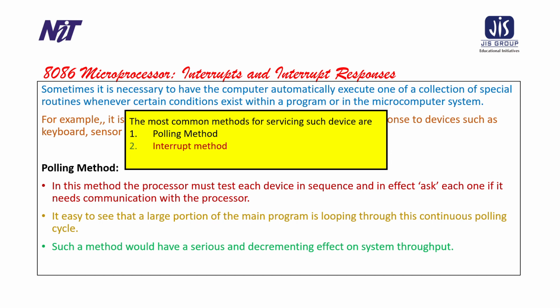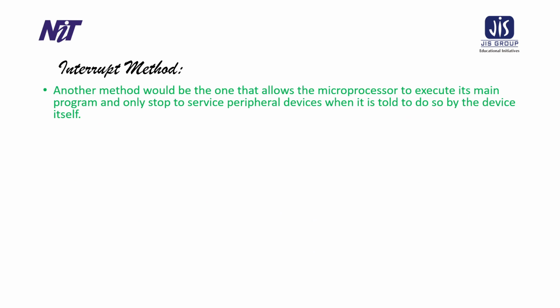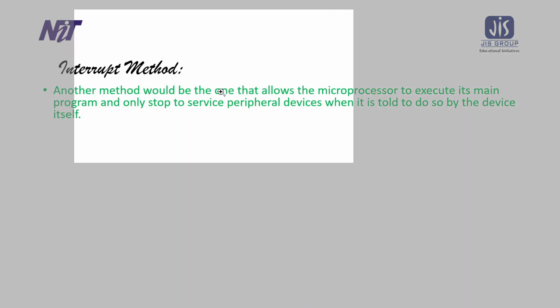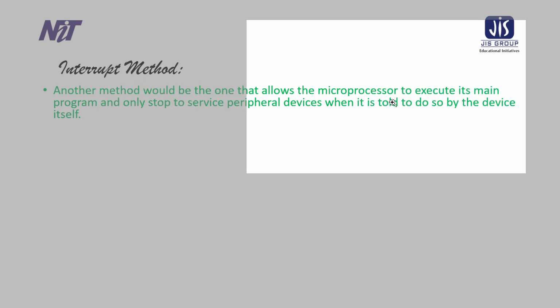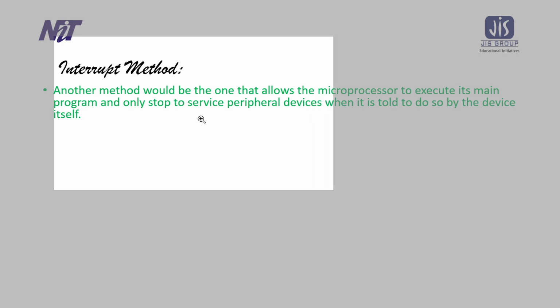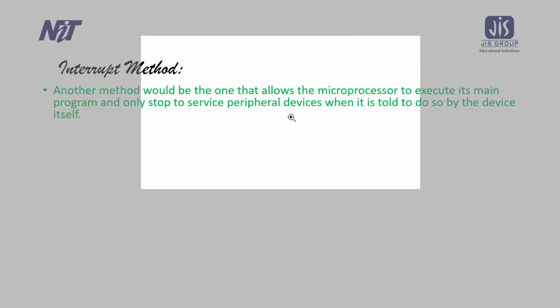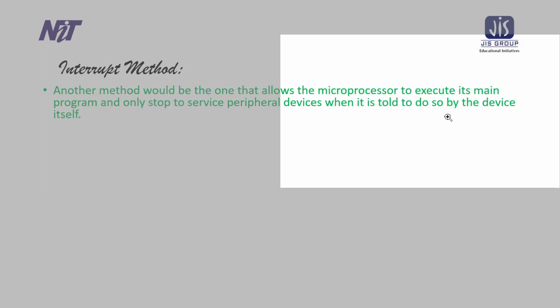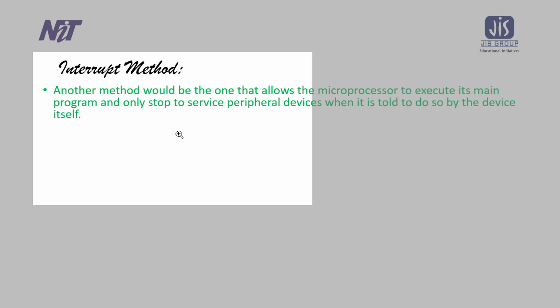The next method is the interrupt method. Another method would be one that allows the microprocessor to execute its main program and only stop to service the peripheral device when it is told to do so by the device itself.